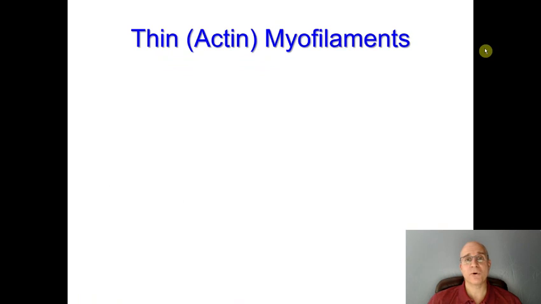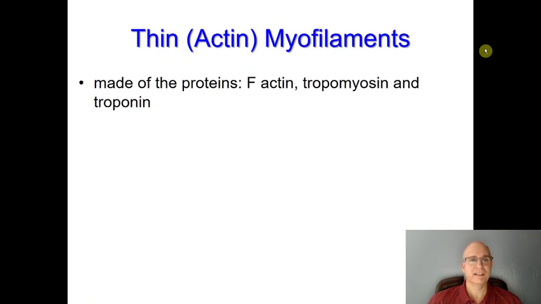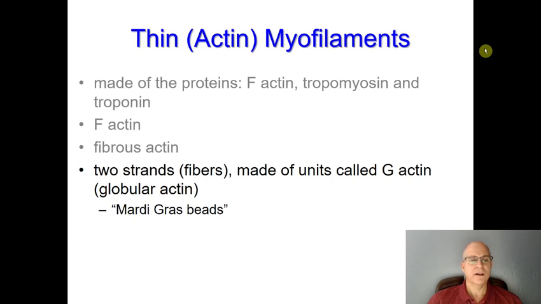So our actin, or thin myofilaments, are made of three different parts. We've got F-actin, tropomyosin, and troponin. So F-actin, the F stands for fibrous actin. These are two strands or two fibers of individual units called G-actin, and the G stands for globular actin.